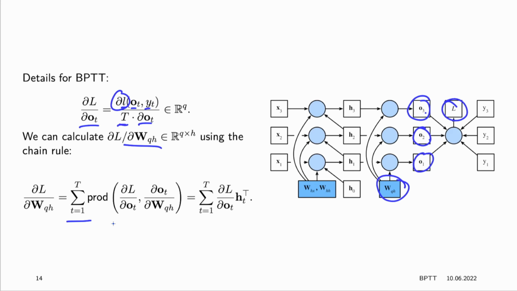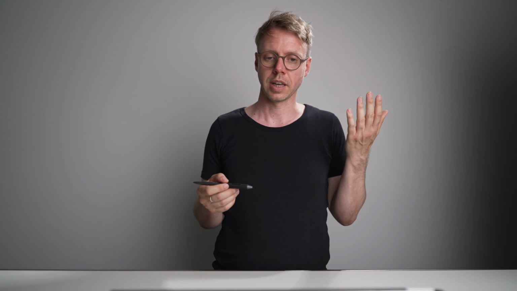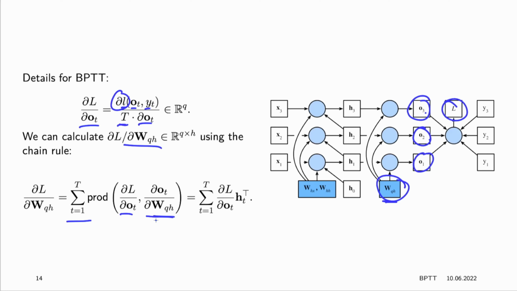This is applying the chain rule: the product of the gradient of L with respect to o_t and the gradient of o_t with respect to the weight matrix. And because our model is linear, because o_t is just a product of W_qh times h_t, the second gradient just becomes h transpose.